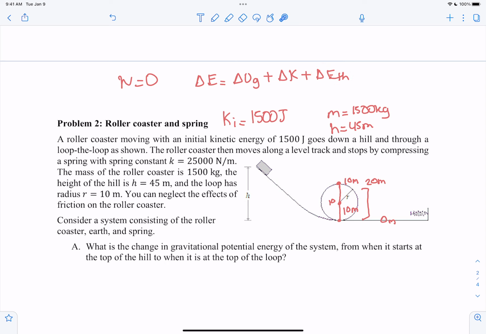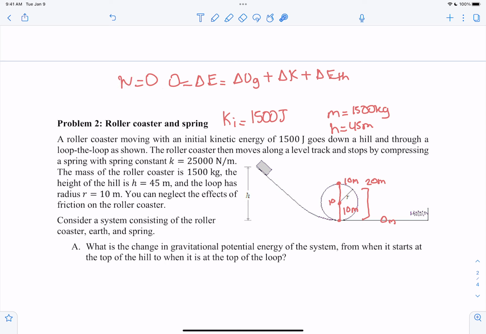Now, this would all equal 0 if there is no external force causing any work. Otherwise, if there's no external force, there is no work, then the change in energy should be 0, because energy would be conserved.